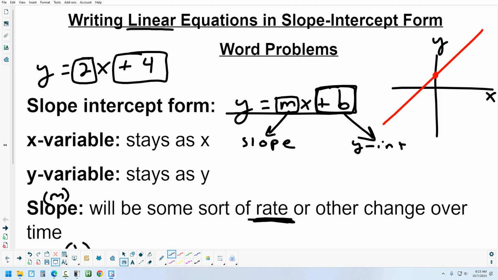Next problem is about an airplane that's at a starting altitude and then the plane begins to descend. What kind of slope do you think that would be if the plane is descending? Negative, it's going down.